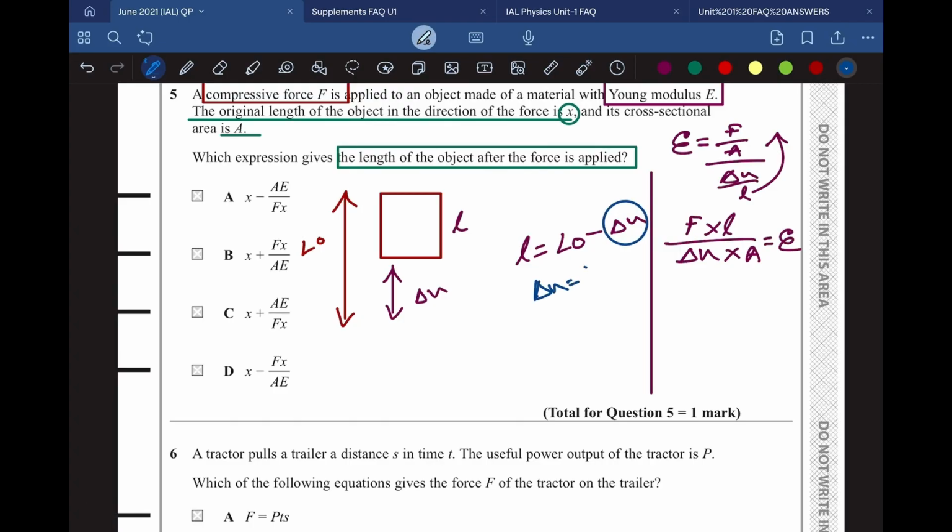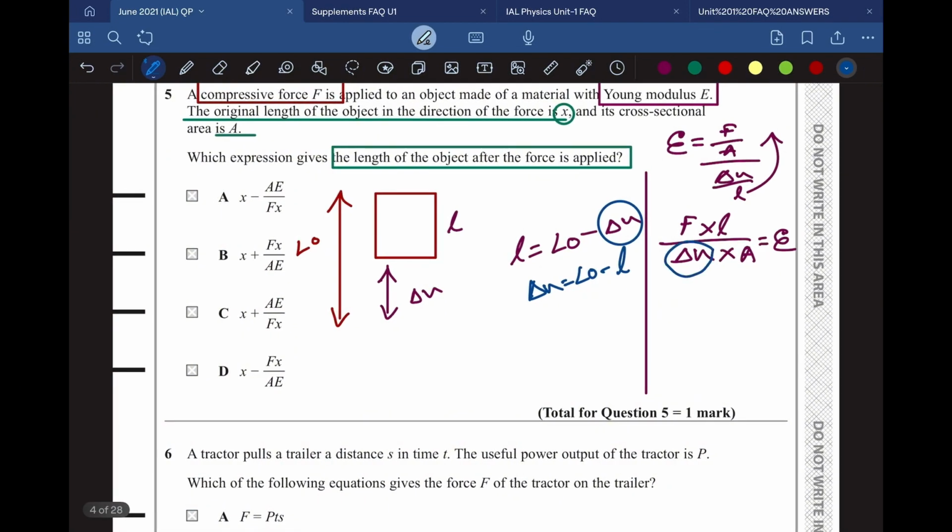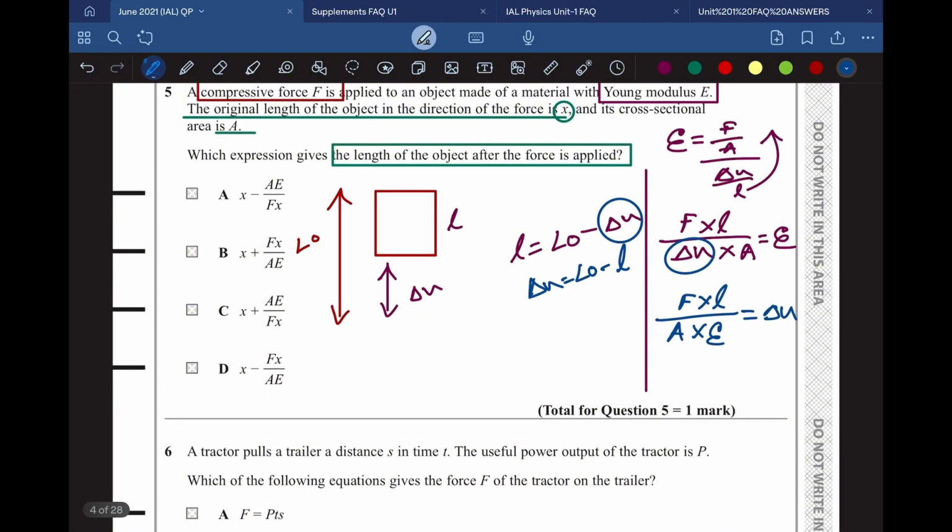So it becomes del x is equals to L naught minus L, right? Now what we can do is we can make del x the subject right here as well. So it will become F into L divided by area into Young modulus is equals to the del x. And we know that del x is equals to L naught minus L. So we can put it right here.